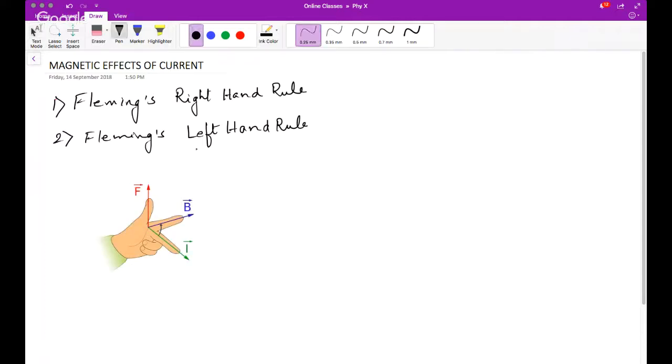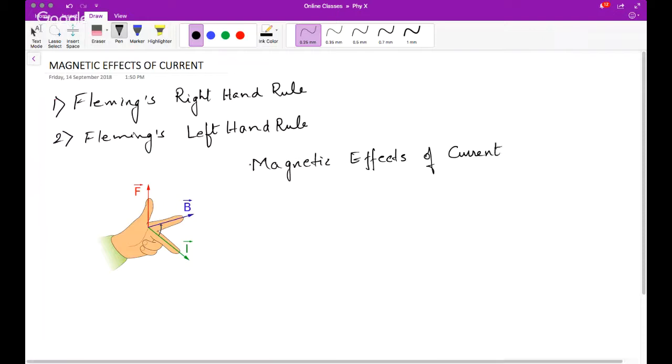Okay. So basically, what is it? So let's say you have studied magnetic effects of current. And what did we learn? If you broadly see, you have two appliances which can help you understand these right and left hand rules very easily.